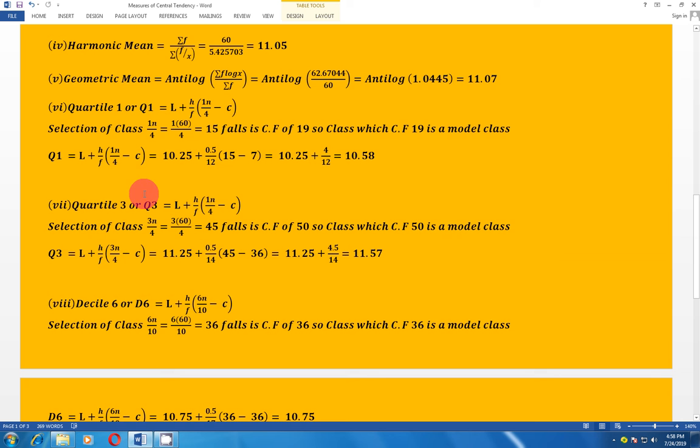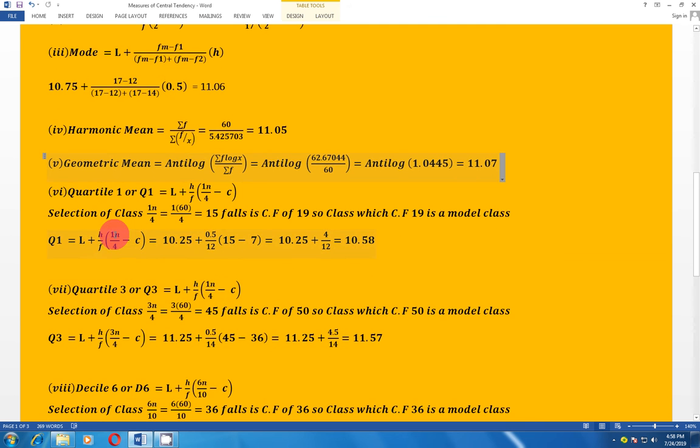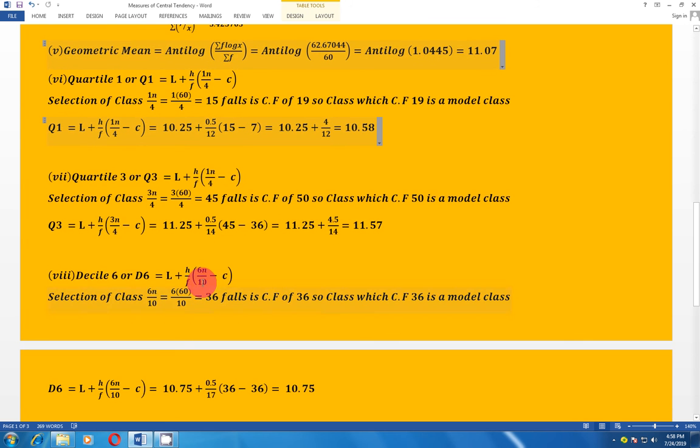As you are seeing, the formula of median is L plus H over F times n by 2 minus C. So it is very simple to understand that in the case of quartile, we divide n by 4. In the case of decile, we divide n by 10.